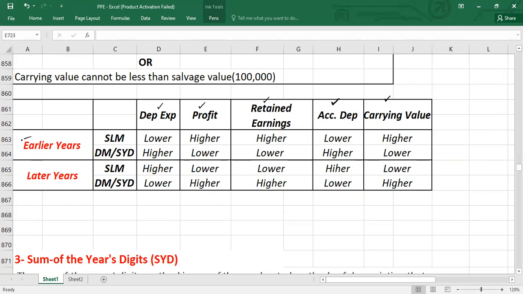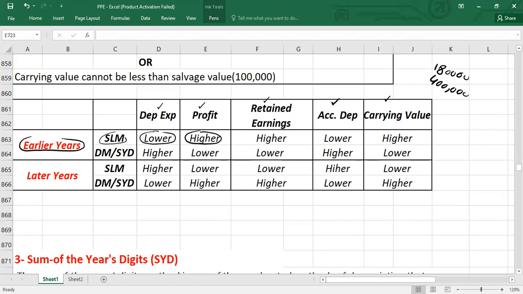In the earlier years, meaning the starting years of the asset life, we have the straight line method. The straight line method will give you lower depreciation, because in our calculation straight line produced $180,000, and on the other hand the declining method produced 400,000. If depreciation is lower, it means profit will be higher.